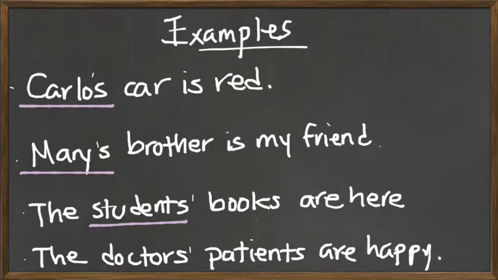The only thing we need to add is an apostrophe, after the S. In the final example, the doctors' patients are happy. Here we have the possessive form of doctors. And the only thing we need to put is the apostrophe after the plural S.